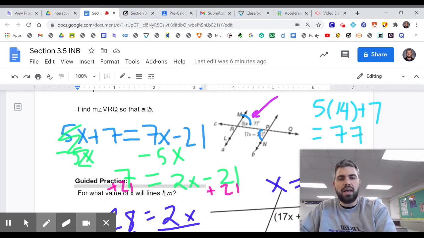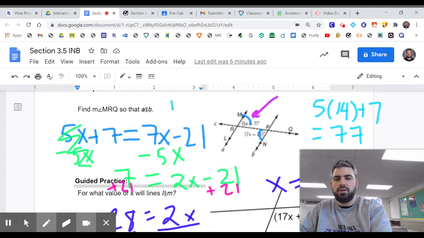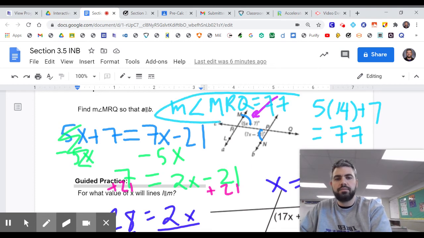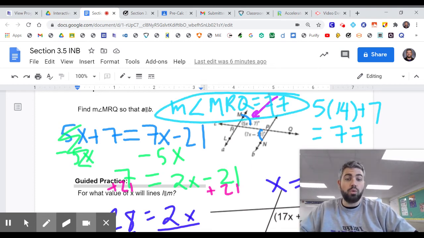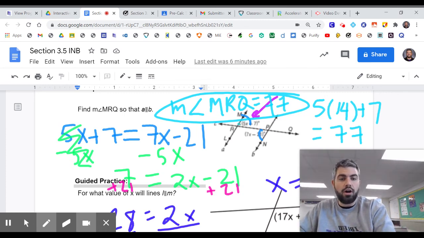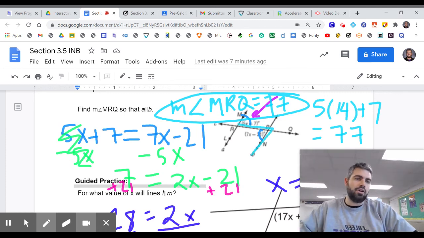So what is the angle MRQ? The measure of angle MRQ equals 77 degrees, okay? Which also means that angle RPN is also 77 degrees, okay?